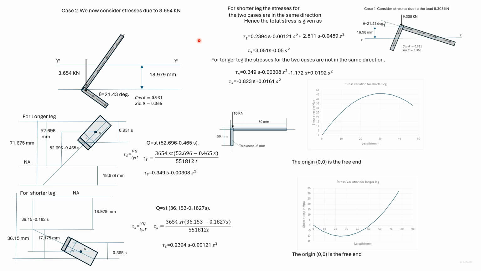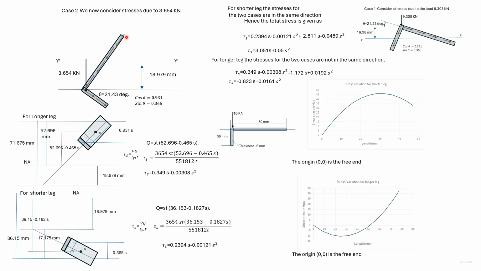Here we look at the second case. So we find out the stresses due to the load 3.654 kilonewton. Again, the angle has been rotated so that the y dash axis is horizontal and the load is vertical. Let us consider stresses in the longer leg first.